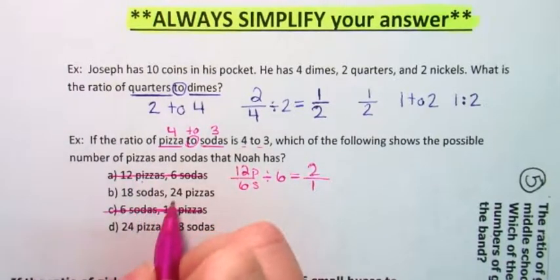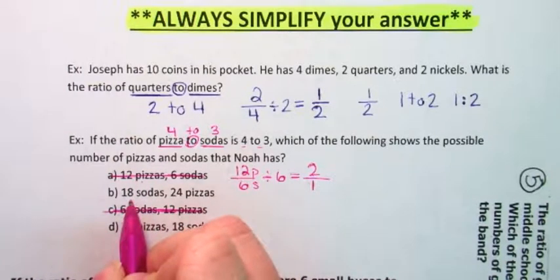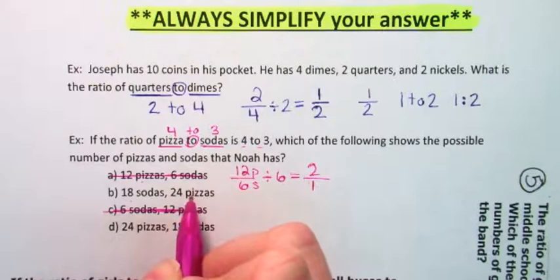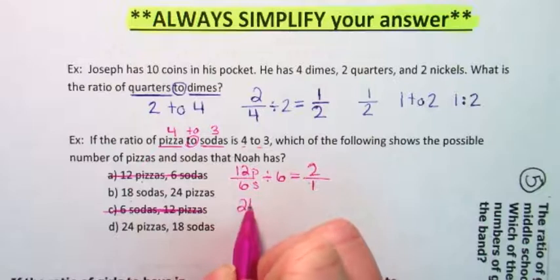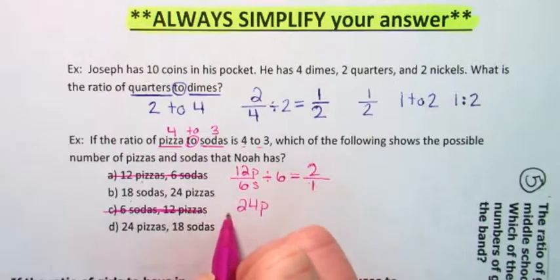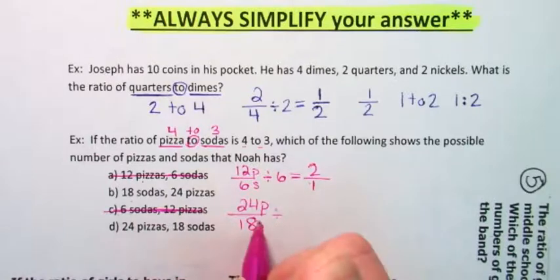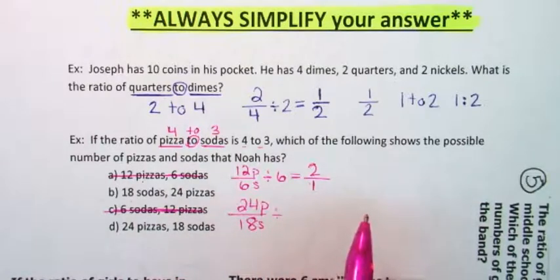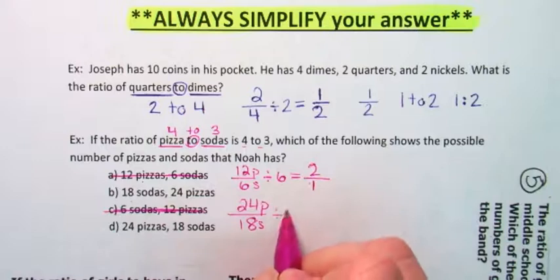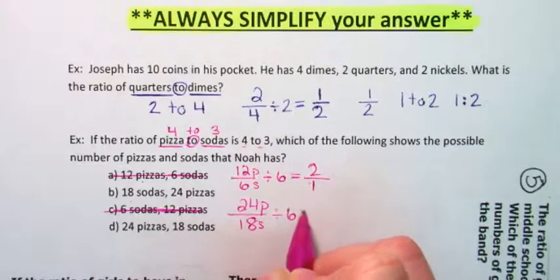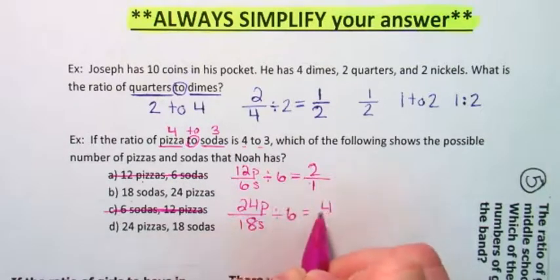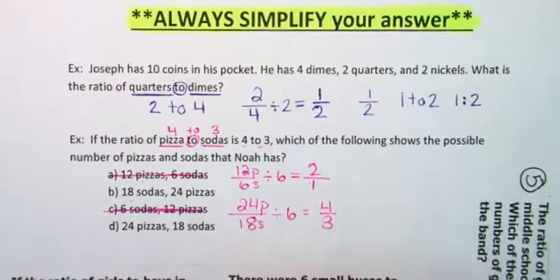So let's look at this next one. 18 sodas, 24 pizzas. We have 24 pizzas, 18 sodas. That works. Let's see, what can we divide by? We can divide by 2s, 3s, 6s. I'm going to go with my 6s again, and that would give me 4 over 3.